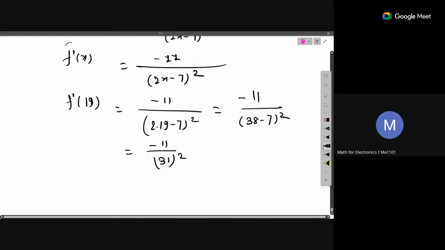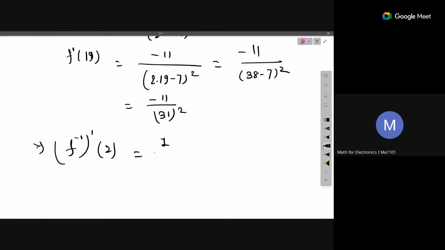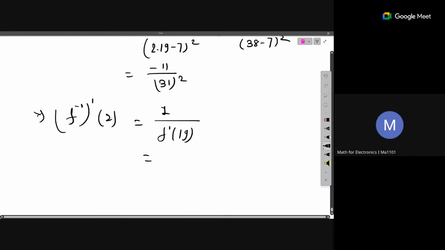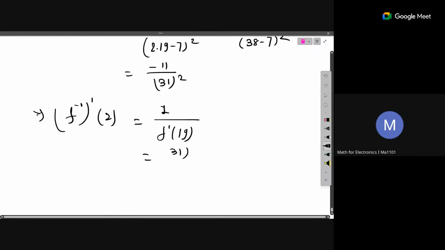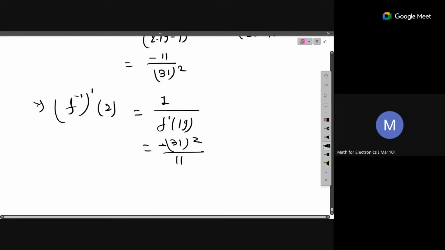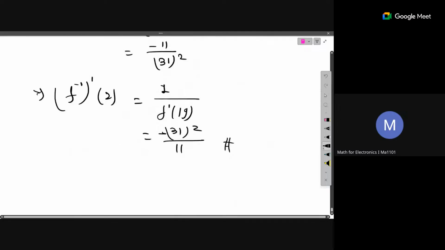Our final answer will be that the derivative of f inverse at 2 is equal to 1 upon f dash at 19, and this is equal to minus 31 squared upon 31. Okay, so I had no idea that it would come out this complicated, but that's the case.